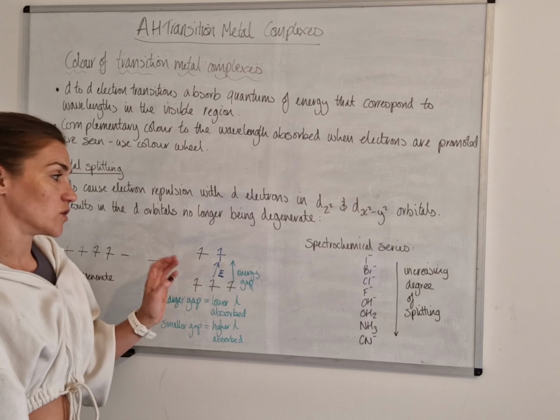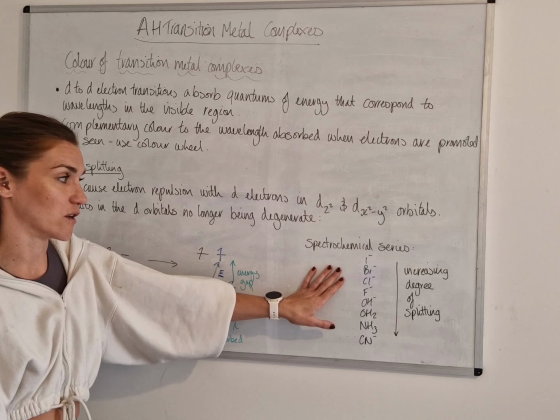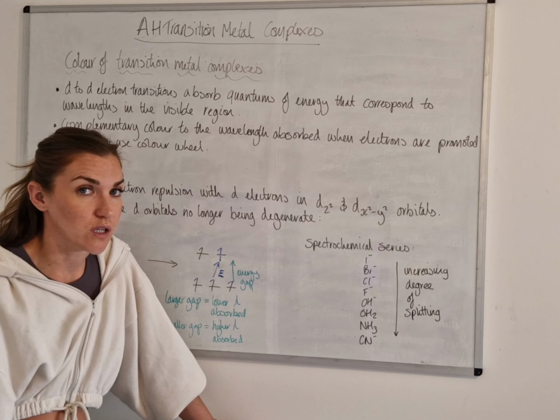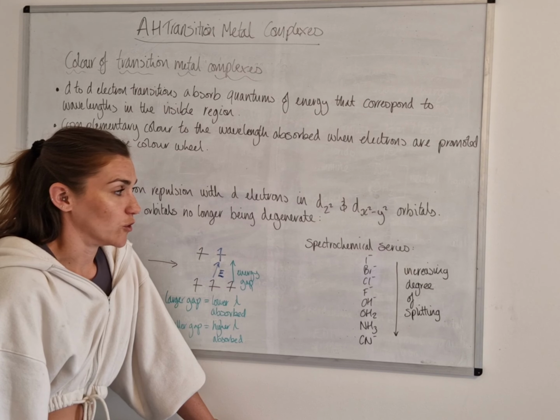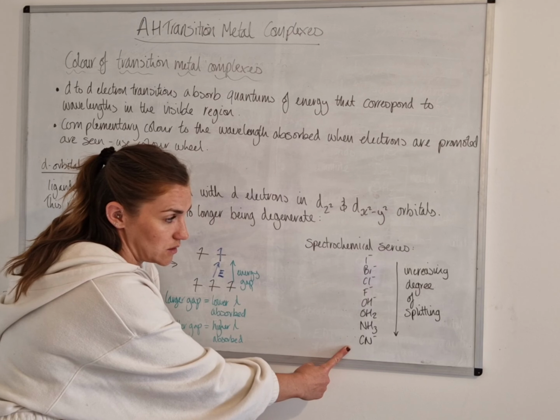So therefore, if you've got a smaller energy gap, then you're usually absorbing a higher wavelength of light. Different ligands will cause different degrees of splitting, and this is where the spectrochemical series comes in. It can also be called crystal field theory, as you might have heard spoken about before. This is the order of increasing degree of splitting.